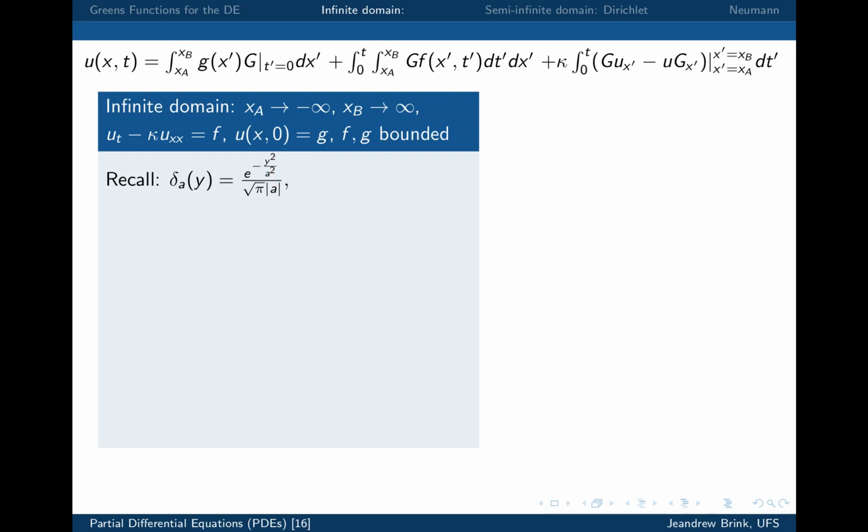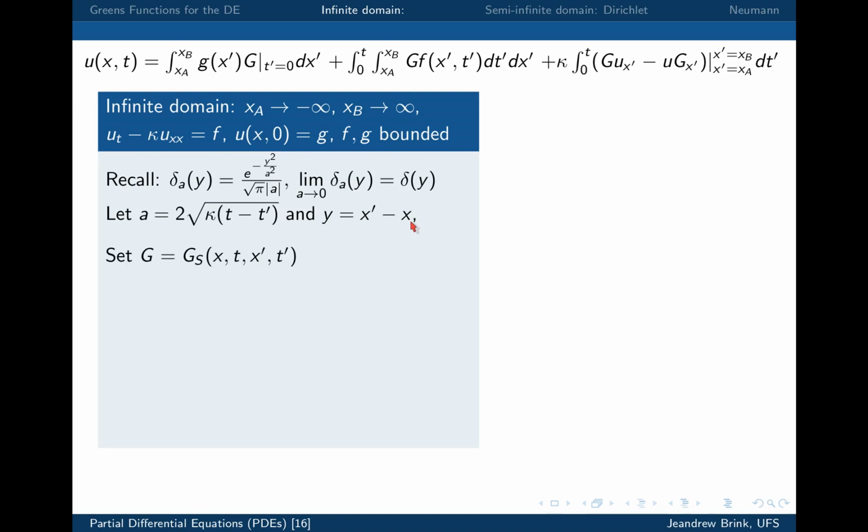What we showed in the previous lecture is that not only does this series of distributions approach the Dirac delta distribution as A goes to 0, but if we set A equal to 2 times the square root of kappa times (t minus t prime), and set y equal to x prime minus x, we have a solution that is self-similar, and we can also find the Green's function of the solution.